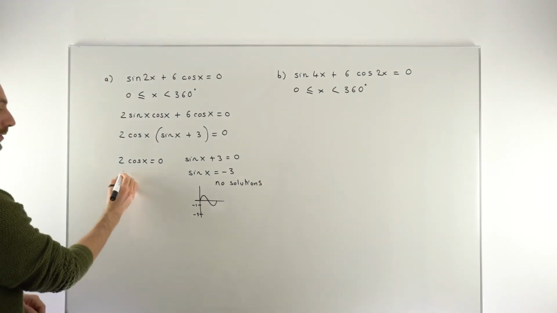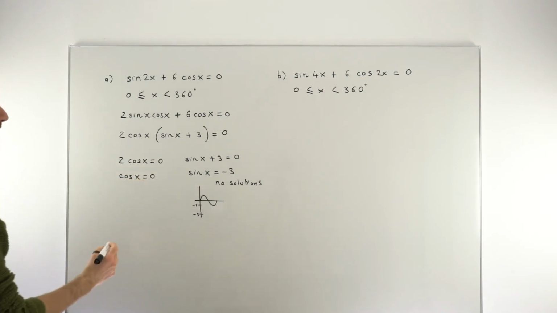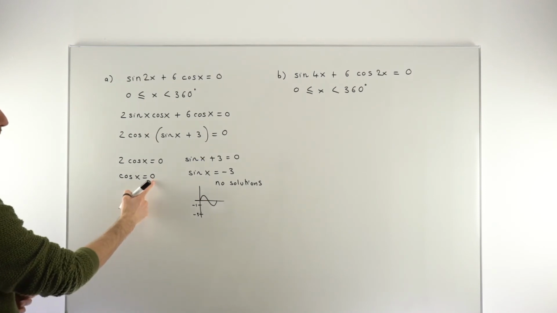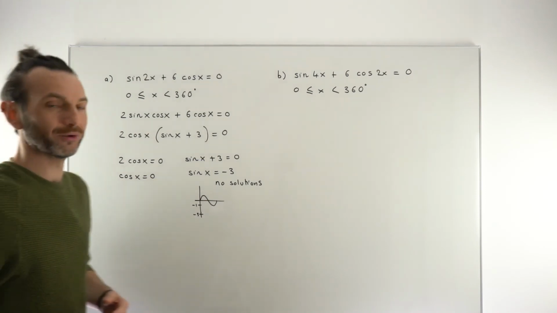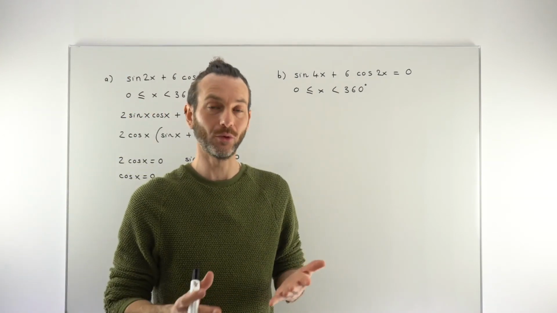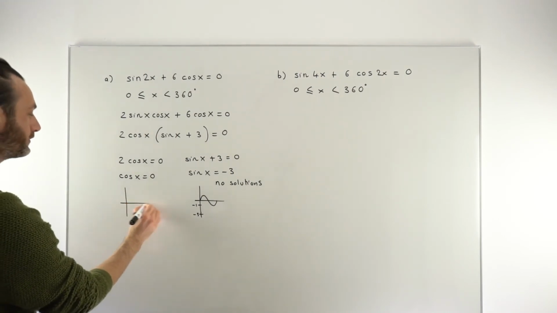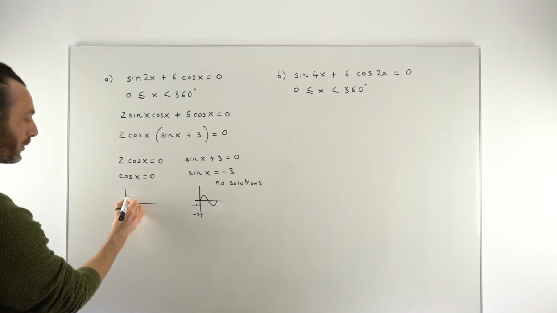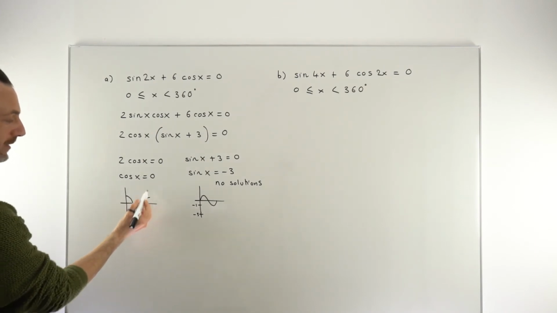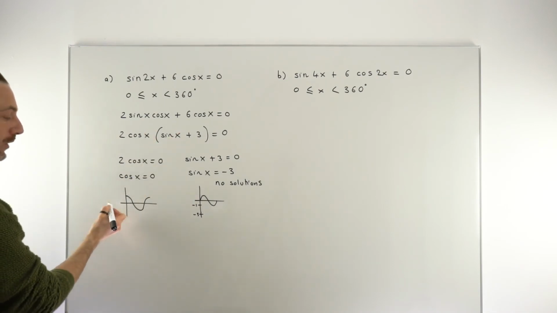Turning back to the other one, dividing both sides by 2, we get cos x equals 0. How you go about this would depend on the values, but for these extreme values, as I like to call them, 1, minus 1 and 0, it's best to think about them off the graph. The cosine graph is the sine graph moved over a bit, so it looks basically like this. We want to know where on the graph it gets to 0, but remember that means 0 up and down the way, not 0 along the way.